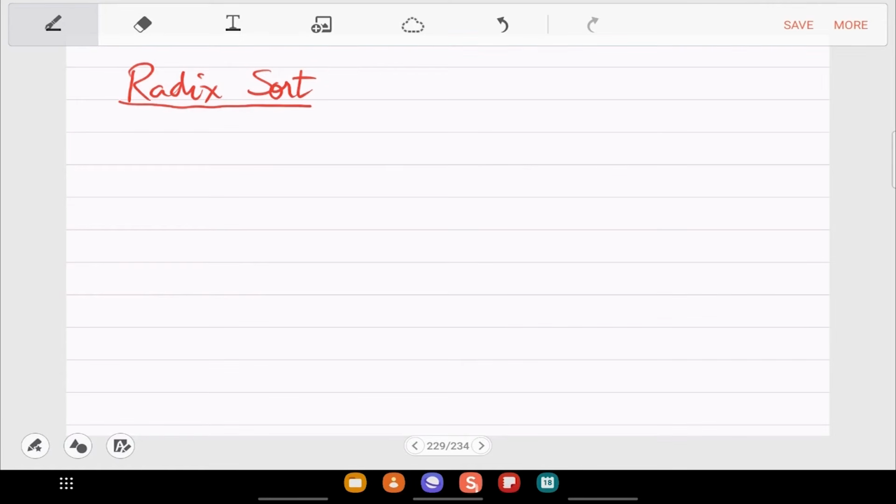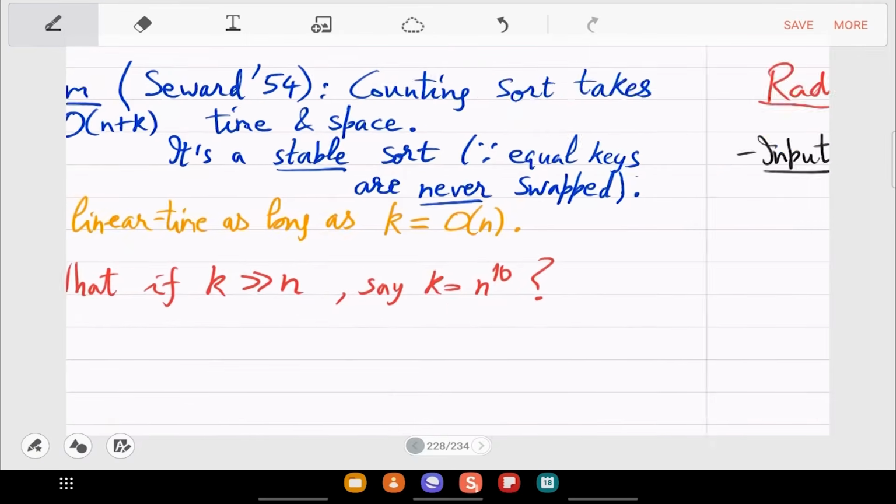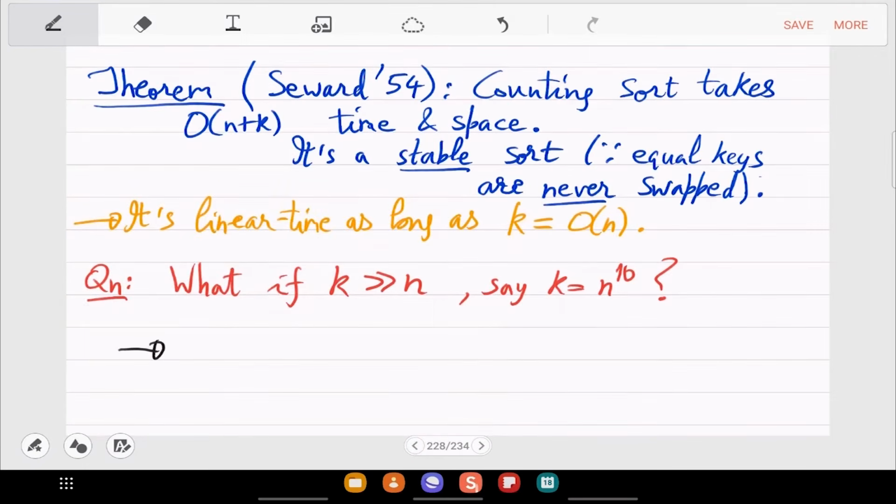So in radix sort, we will specify the input slightly differently. So you have an array. Yeah, so the idea here will be we want to go inside the integer.